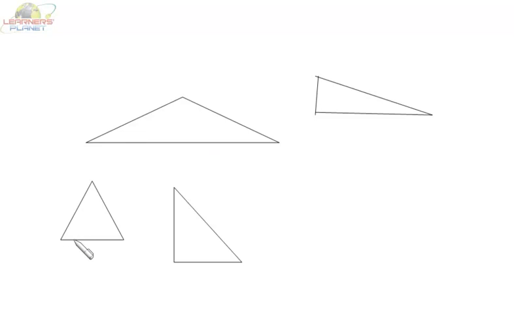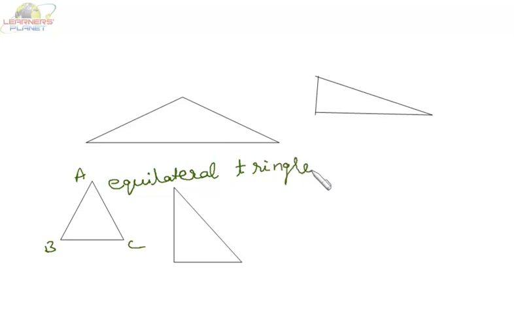Let's see this triangle over here, this triangle A, B, C. If all the three sides of this triangle are equal, then we can call it an equilateral triangle. Okay, that means side AB is equal to side BC is equal to side AC.